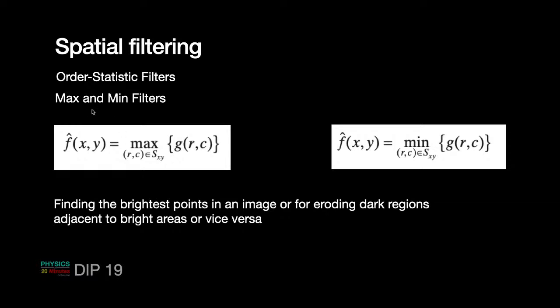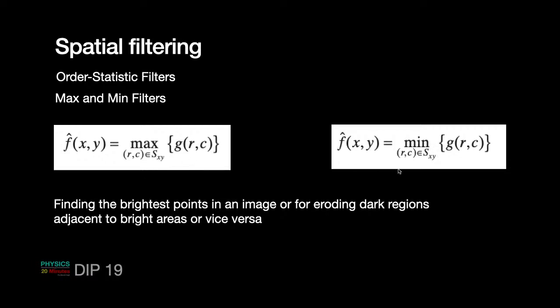Their usefulness could be different. For example, the max filter, as the name suggests, picks out the brightest pixel in the given neighborhood. So what it does is enhance the bright regions or the bright points in the neighborhood, while it suppresses the dark points. So it erodes the dark regions. That is the function of the maximum filter.